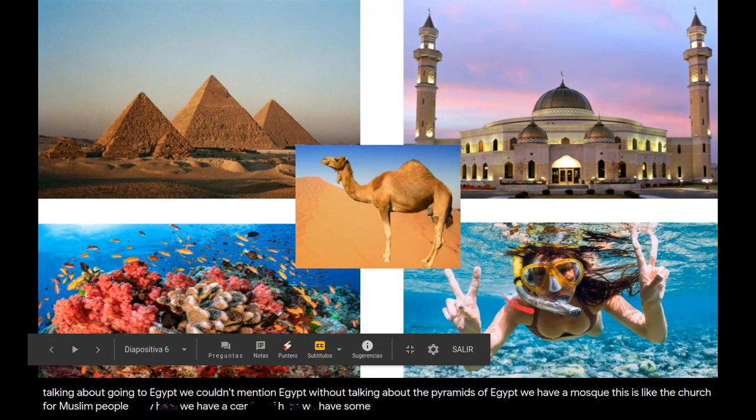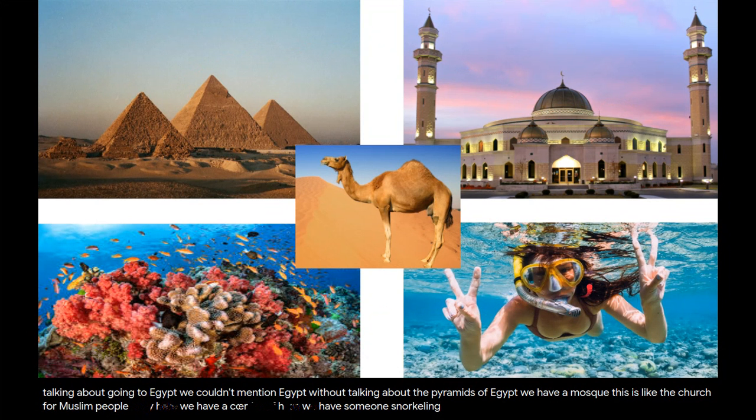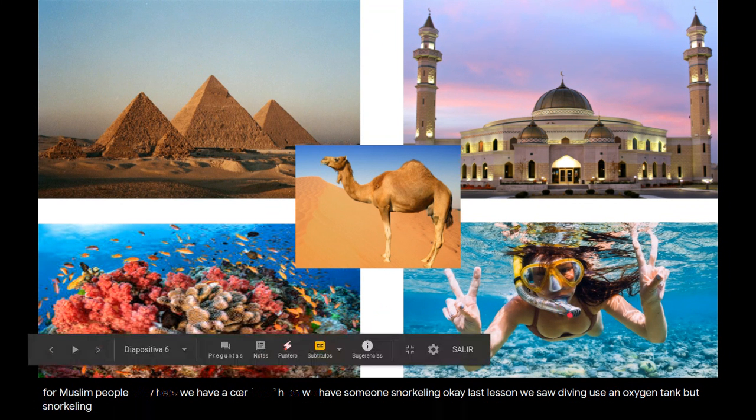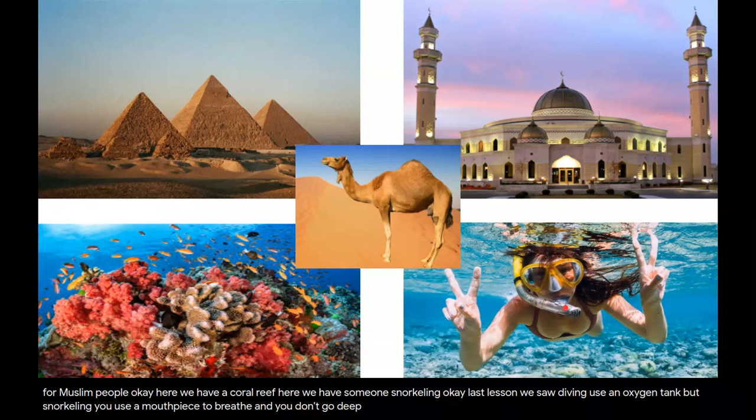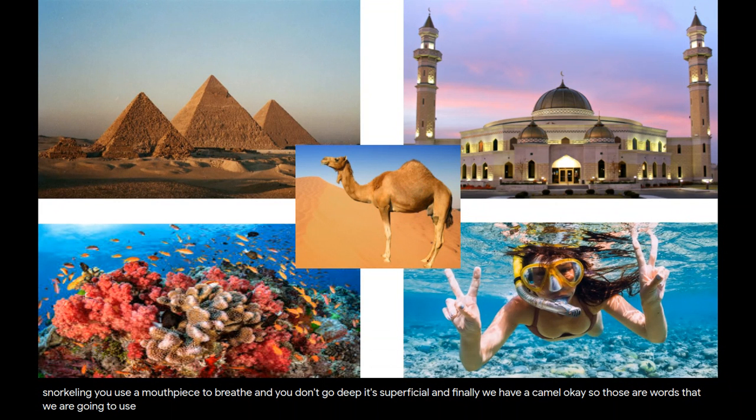Here we have someone snorkeling. Okay. Last lesson we saw diving, you use an oxygen tank. But snorkeling, you use a mouthpiece to breathe. And you don't go deep, it's superficial. And finally, we have a camel. Okay? So those are words that we are going to use in our lesson.